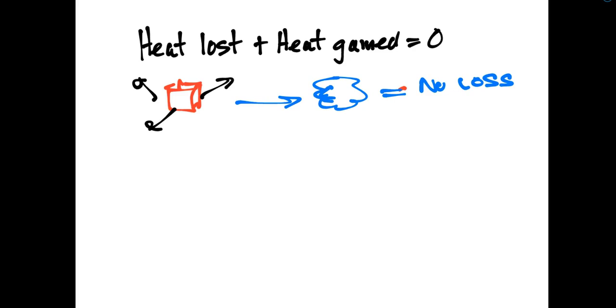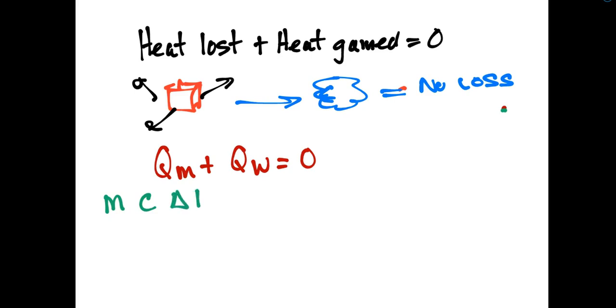The way we write that equation is we say the Q of the metal plus the Q of the water equals 0. Now, when we say the Q of the metal, we say MC delta T. That's how you do heat from the previous video. So MC delta T plus MC delta T equals 0.